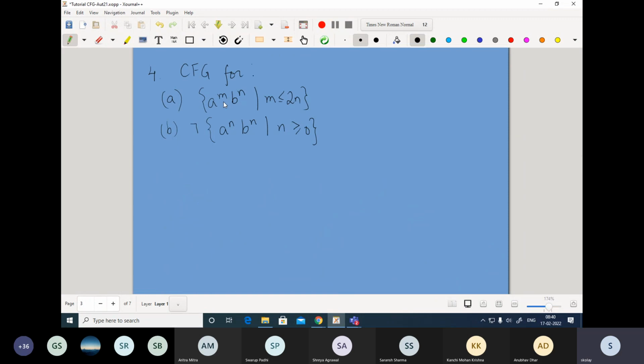Context-free grammar for A to the M, B to the N, where M is less than or equal to 2N. So basically for every B introduced, we know that at most 2 A's can be introduced.